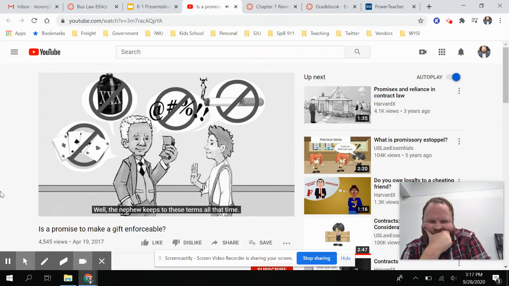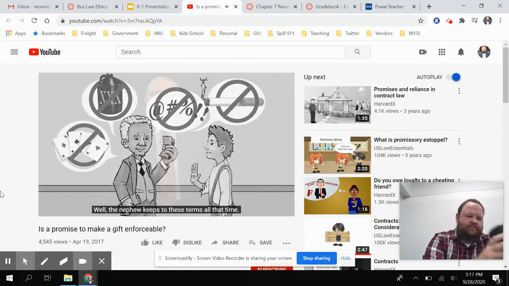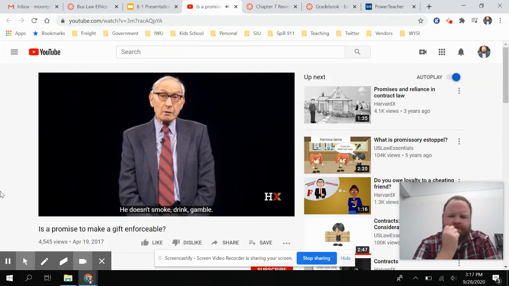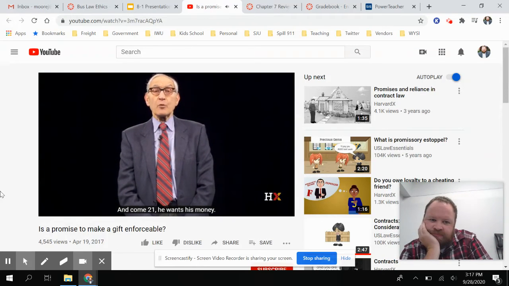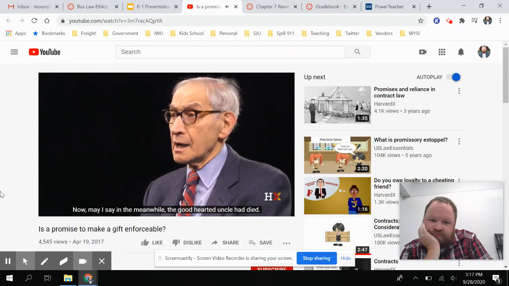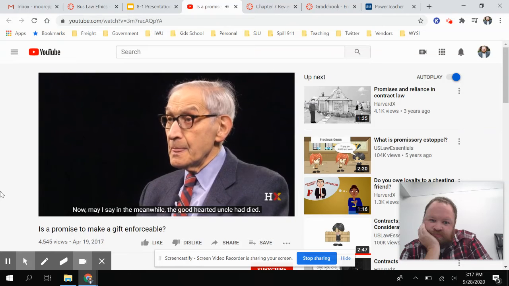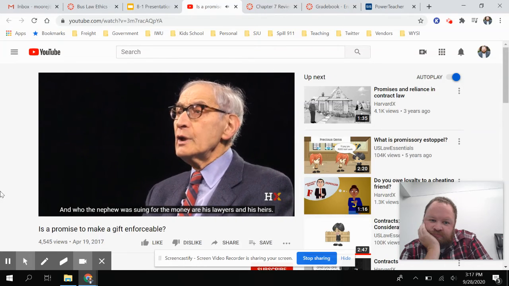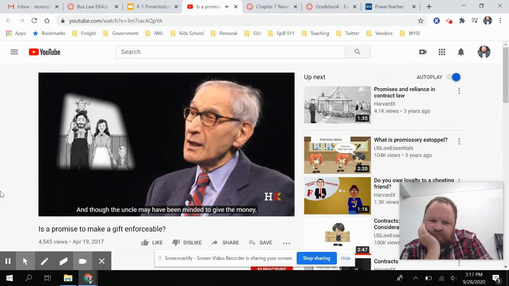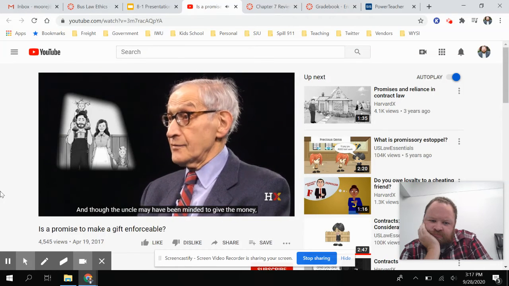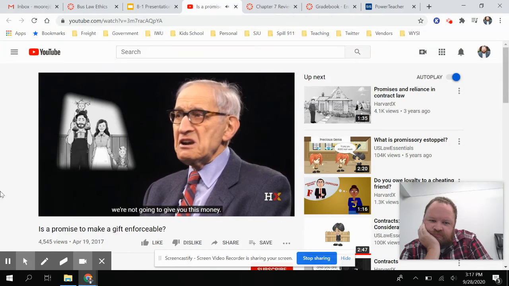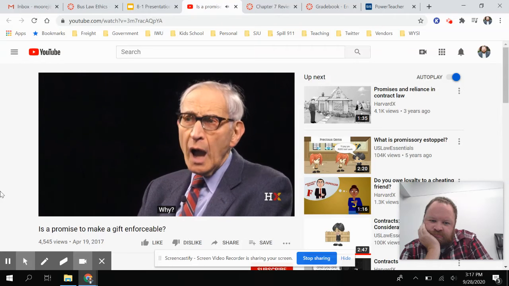Well, the nephew keeps to these terms all that time. He doesn't smoke, drink, or gamble, and come 21, he wants his money. Now, in the meanwhile, the good hearted uncle had died. And who the nephew was suing for the money are his lawyers and his heirs. And though the uncle may have been minded to give the money, the lawyers are more hard hearted and they say, we're not going to give you this money. Why?